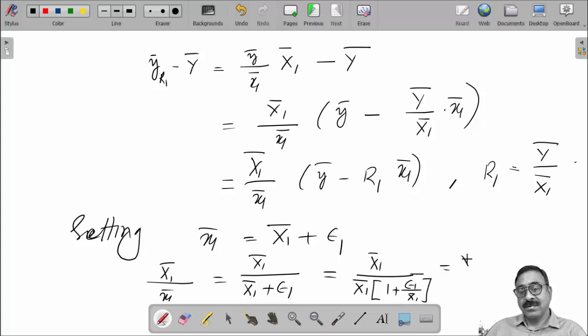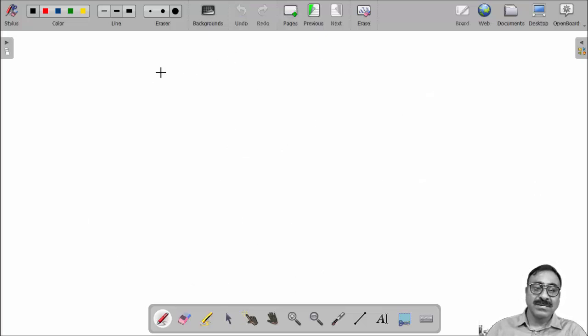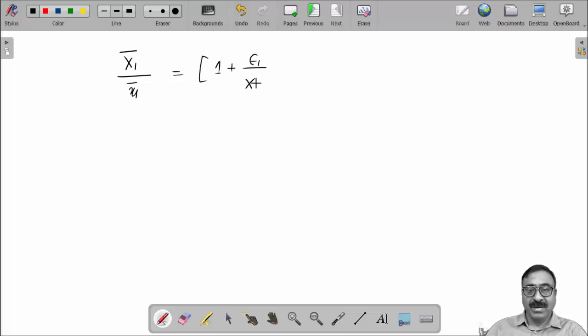So X1 bar cancels out, and we only have 1 plus epsilon 1 by X1 bar, whole inverse.